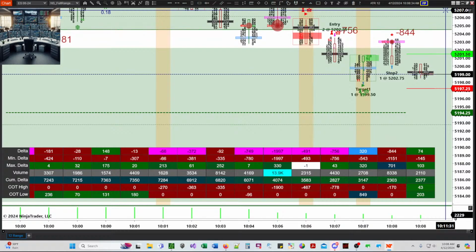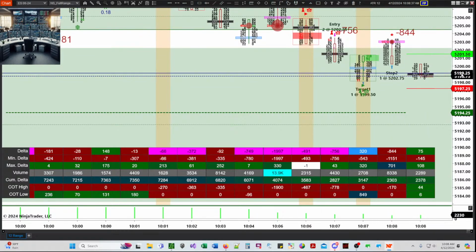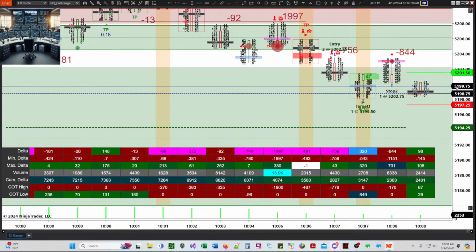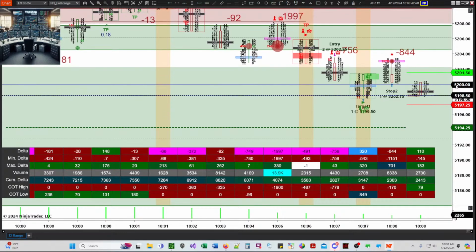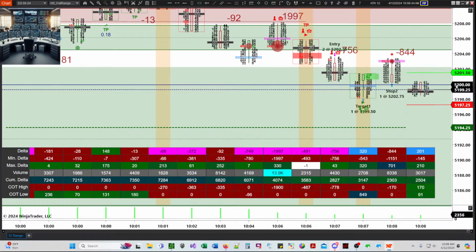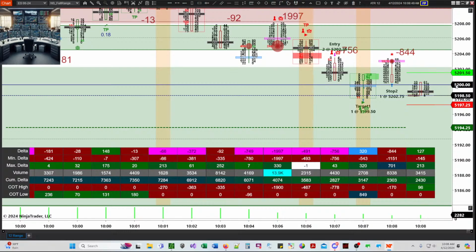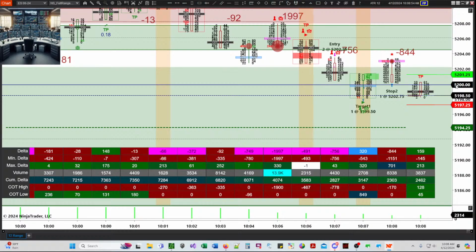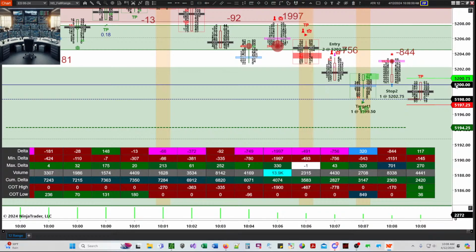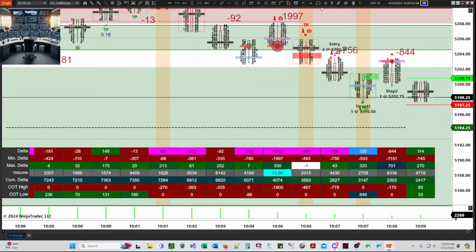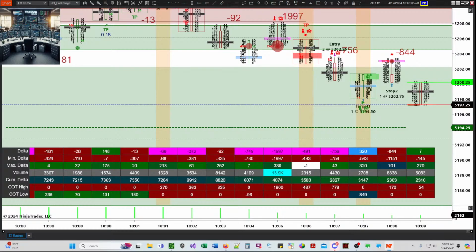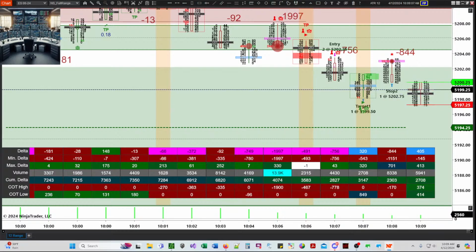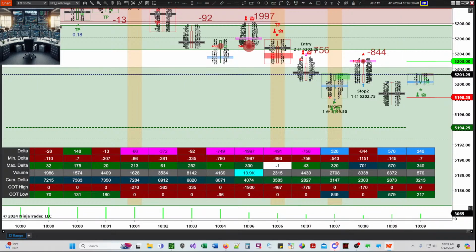That's what's flashing on the Valtos software anyway. I was actually looking for it to run down a little bit more than that.